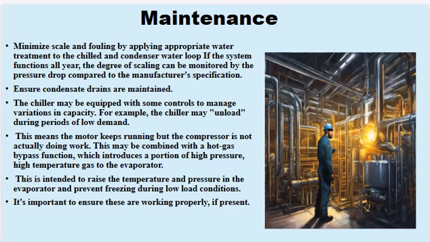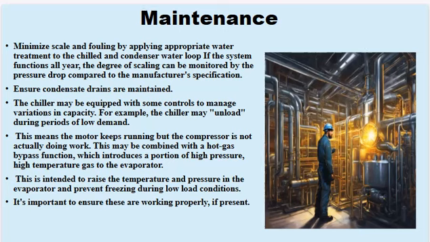Let's continue with maintenance. Effective maintenance is essential for optimizing the performance and longevity of refrigeration systems. One critical task is to minimize scale and fouling by using the appropriate water treatment for the chilled and condenser water loops. For systems that operate year-round, the degree of scaling can be monitored by checking the pressure drop and comparing it to the manufacturer's specifications.